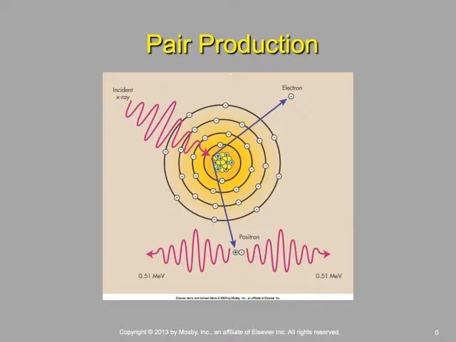Bear in mind, thank God, this is not happening in the diagnostic range of X-ray energy. This requires at least, I'm trying to remember the exact amount of energy that's required to produce this. Bear with me. For pair production, let me pause.